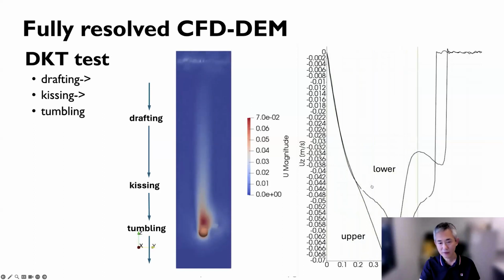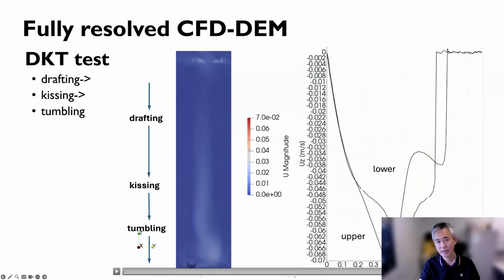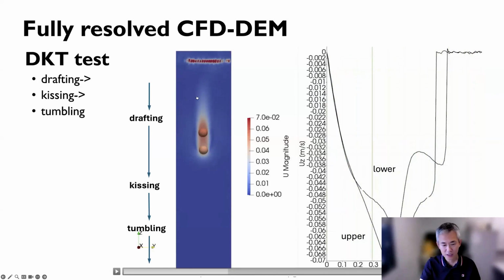And this is a very seminal test we call the DKT test. We basically drop two balls and let them settle in a container, and the balls at the beginning have a certain distance. This stage is called drafting. As I mentioned in the previous examples, when the ball settles in water, in front of it you get a higher pressure and behind it a lower pressure zone.